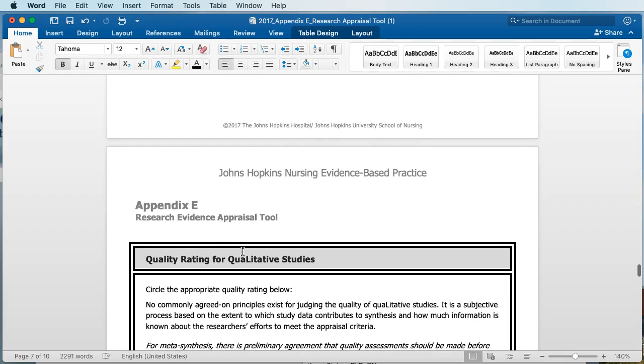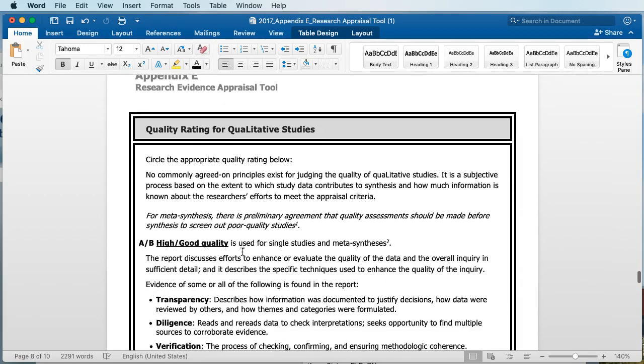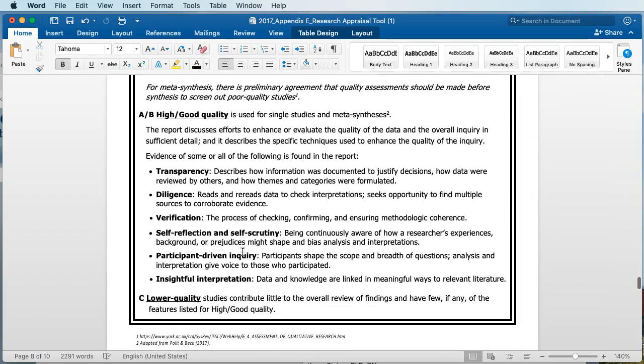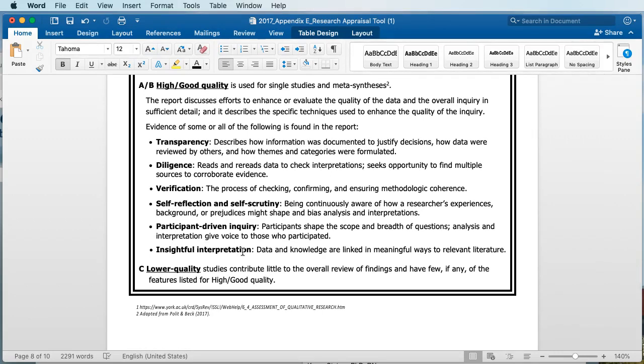And then you come back down to the quality rating for qualitative studies. That's how you manage appraising a qualitative study for the quality of the study. Qualitative studies are always level 3. Systematic reviews with or without metasynthesis of qualitative studies are always level 3.